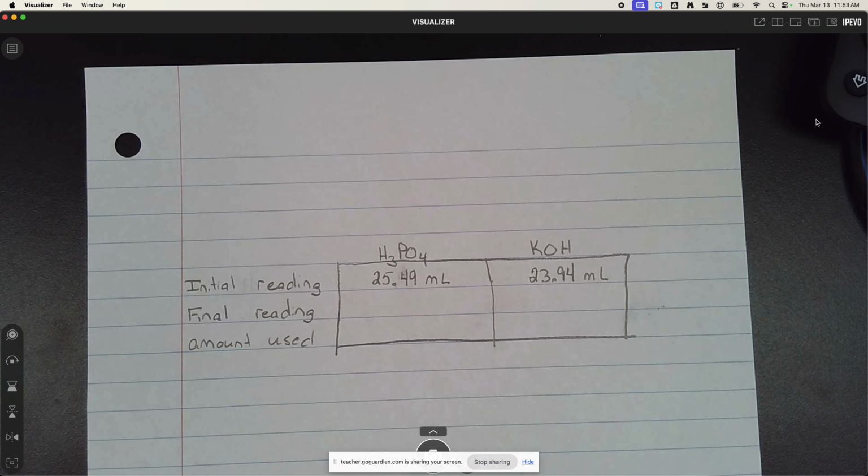Most people who do this for the first time decide that they're going to start with the potassium hydroxide, use the phenolphthalein to make it pink, and then add the acid until it's not pink anymore. And that's going to be the point at which these two things exist in the perfect ratio.